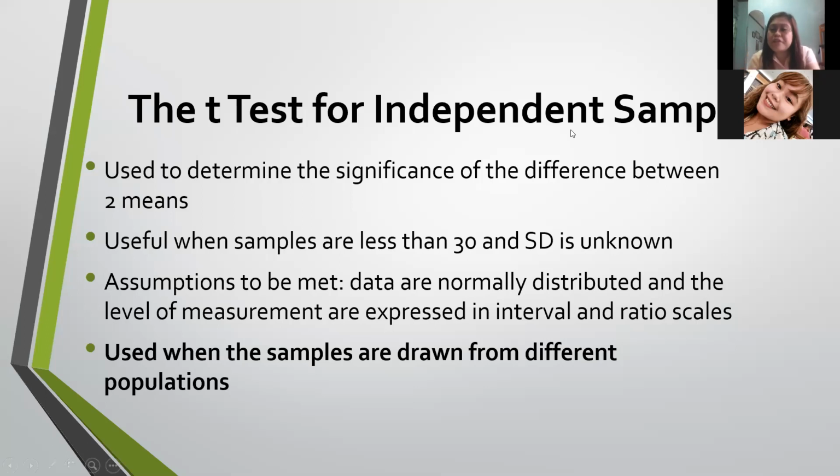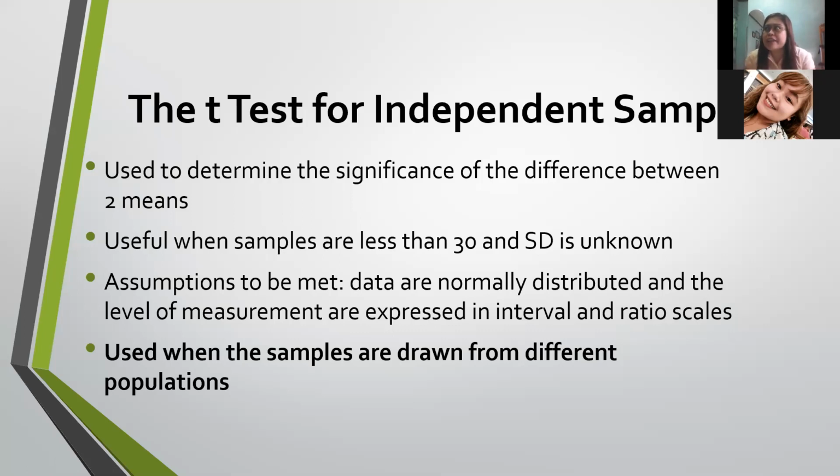Again, let's have a review on the data analysis. We ended our discussion with the t-test for independent samples. So I hope you know now when to use this test if you conduct a study.